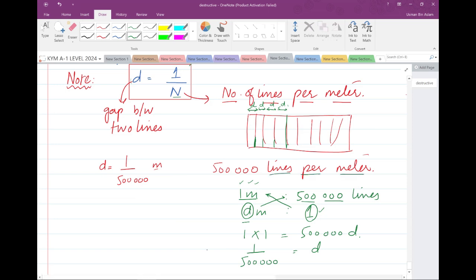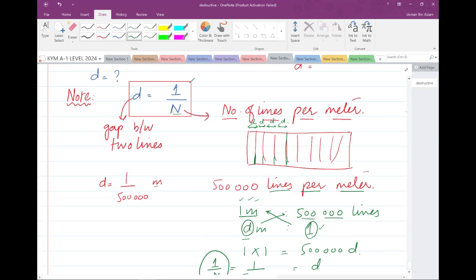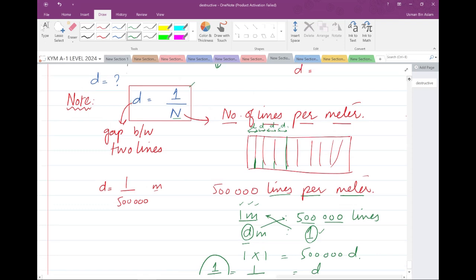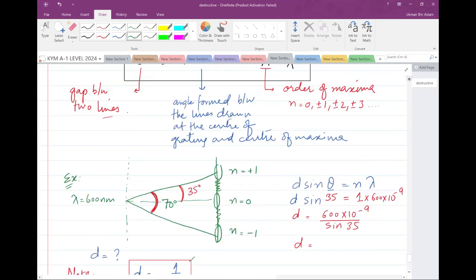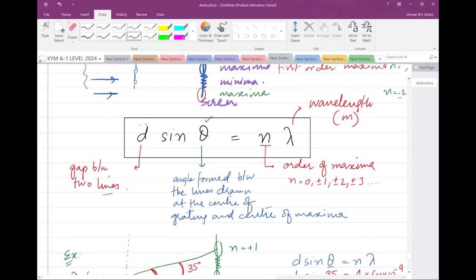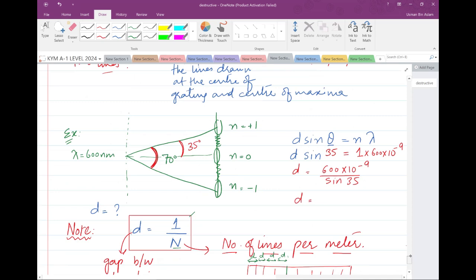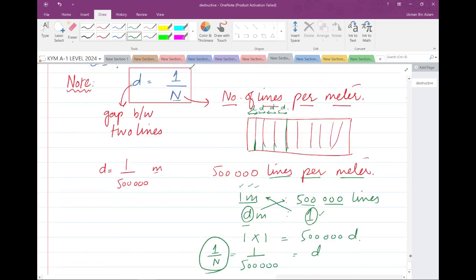So this gives us that d must be equal to 1 over capital N, the number of lines per meter. If this doesn't make much sense to you, you can simply substitute 1 over N instead of d in this equation. 1 over the capital N. Are you with me so far?